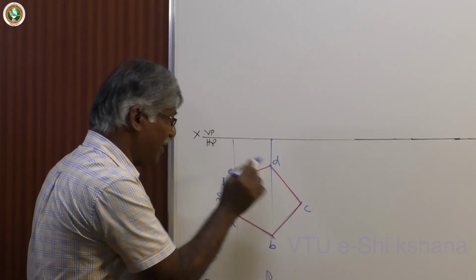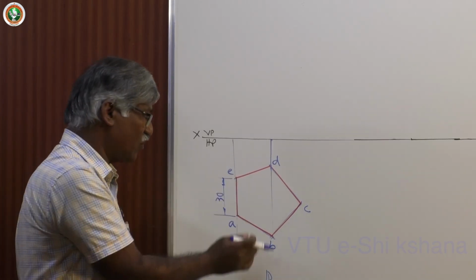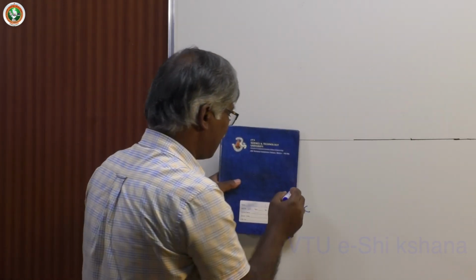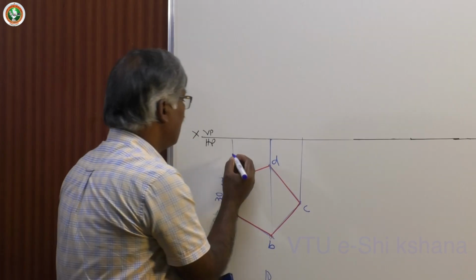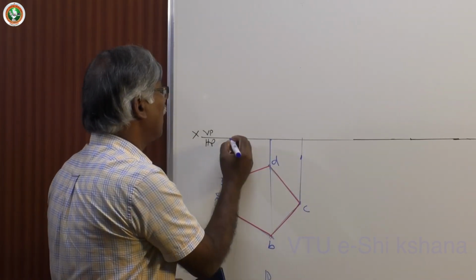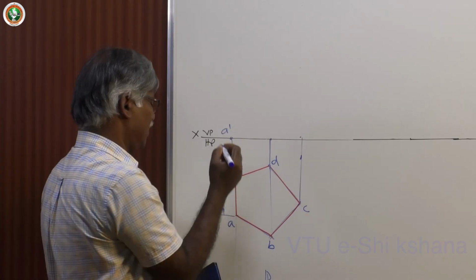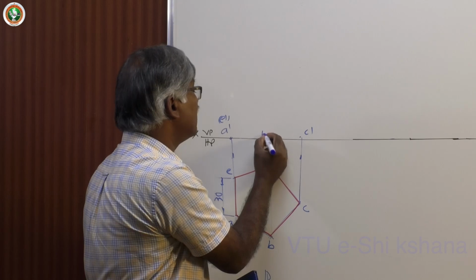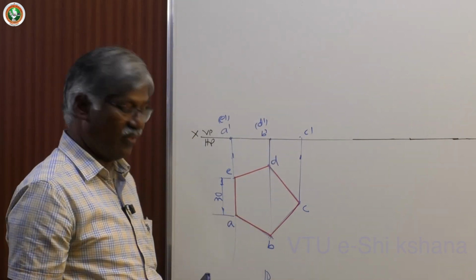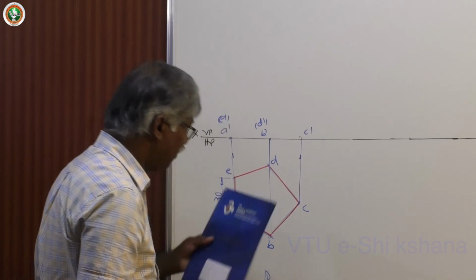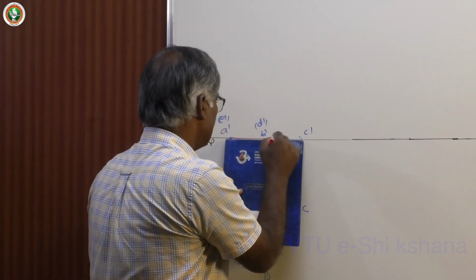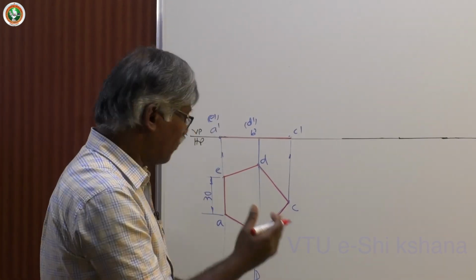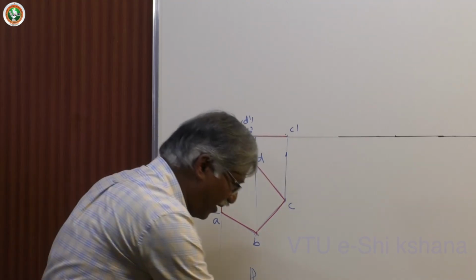You should see that B and D in this particular case must coincide with a single line, and this is the point representing B and D. And next comes C. Project these points and name these points as A dash, E dash, then this is C dash, this one is B dash, D dash. Fine. We got the front view, dark.